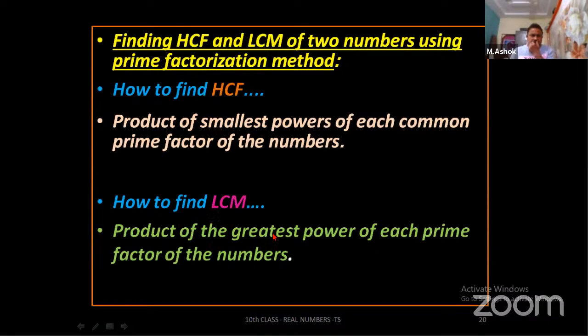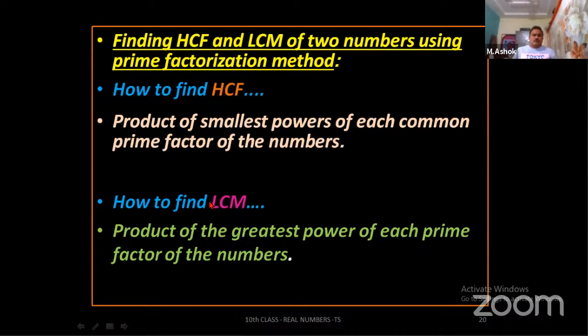But in case of LCM, we multiply the greatest power of each prime factor, not only the common prime factors. Okay, product of the greatest power of each prime factor of the numbers. So this is the way to find LCM.